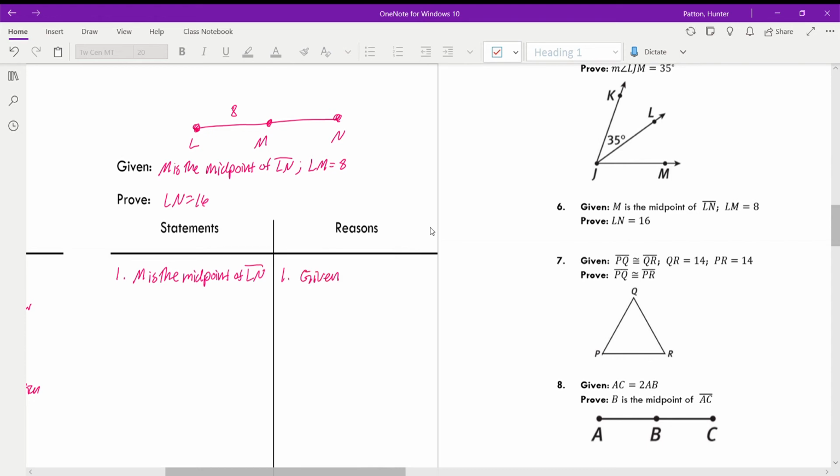Now, if I know that M is the midpoint of LN, meaning it's directly in the middle, it splits LN into two congruent segments, meaning that LM and MN are equal. That's what the definition of midpoint tells me. And I know I'm probably going to be dealing with the definition of midpoint because I have the word midpoint here. LM equals MN by the definition of midpoint.